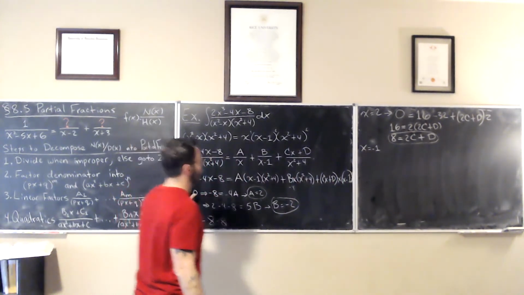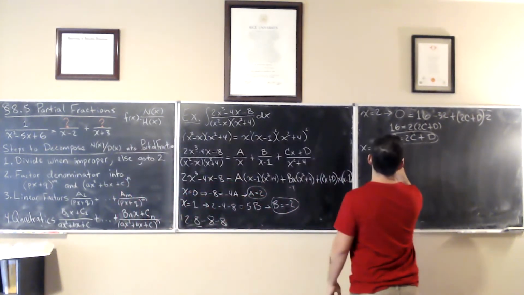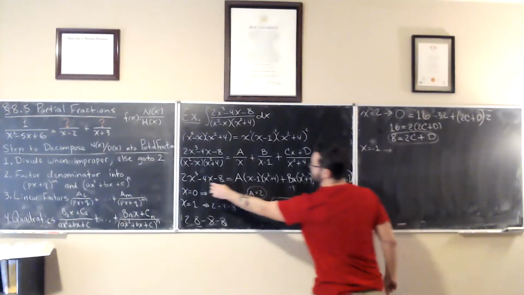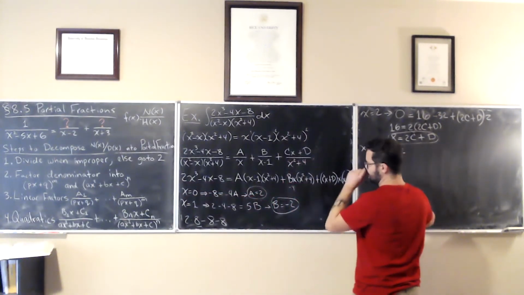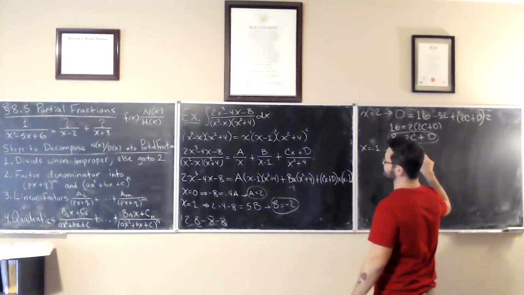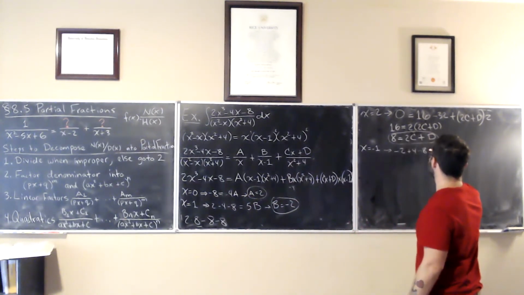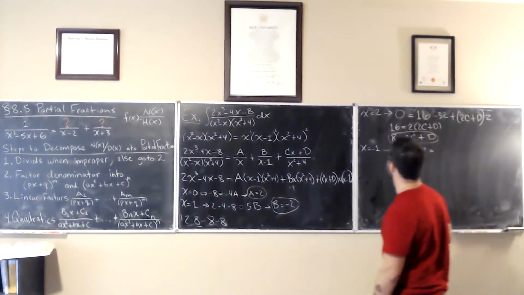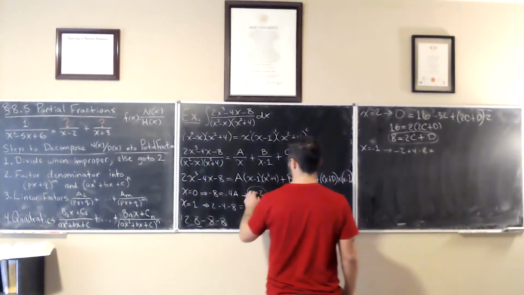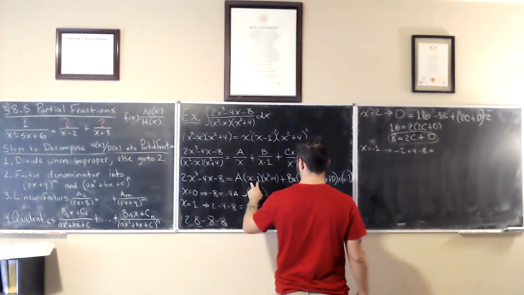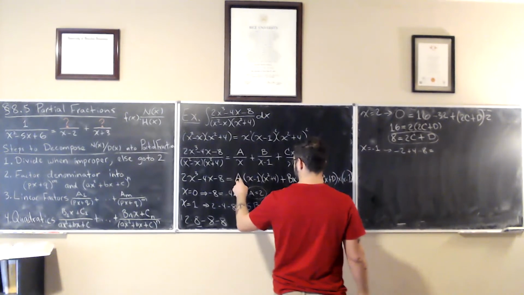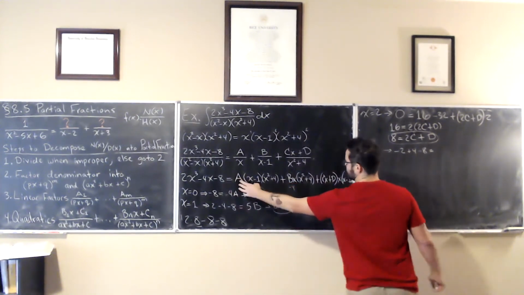So on the left-hand side, 2 times -1 is a -2, plus 4 minus 8 is equal to, it's -2, so -2 minus 1, so that's going to be a -3 times 2 is a -6.